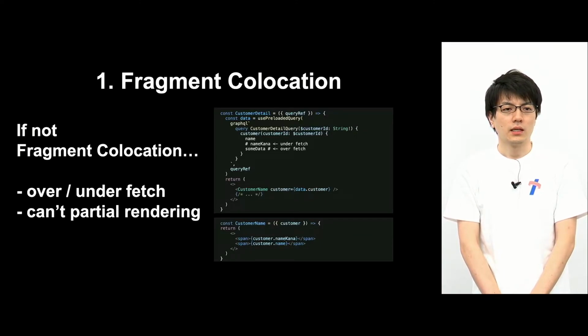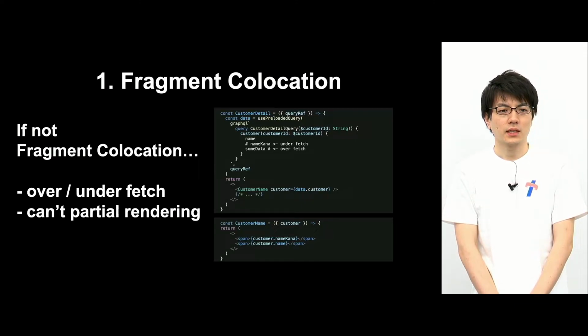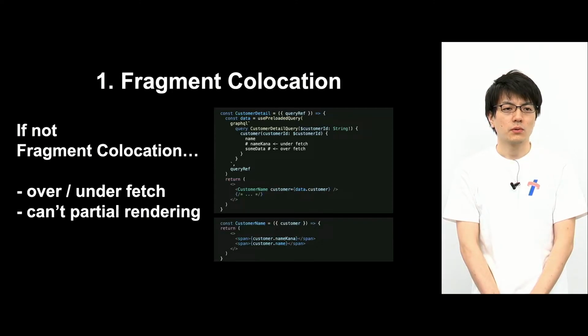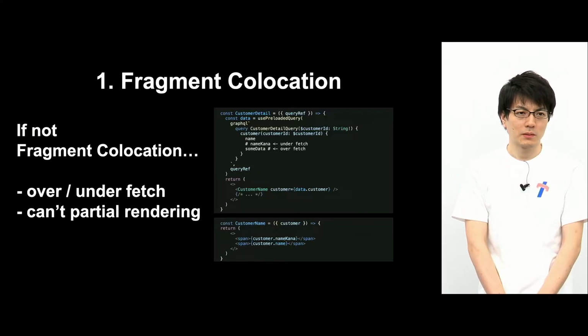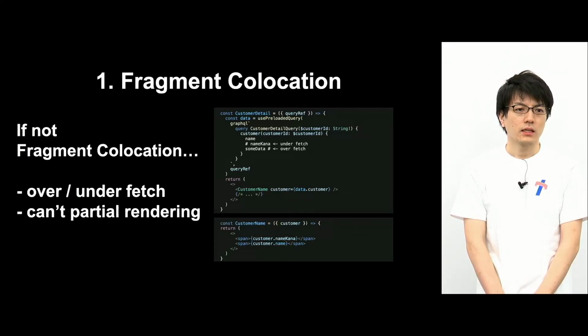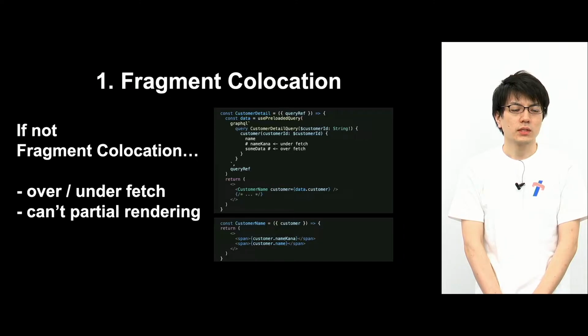And there is another issue called underfetch. As you can find here, the second from the bottom, name Kana, this is customer related information. If we decided not to obtain that information, then the related and necessary information is not going to be obtained, which is a problem.